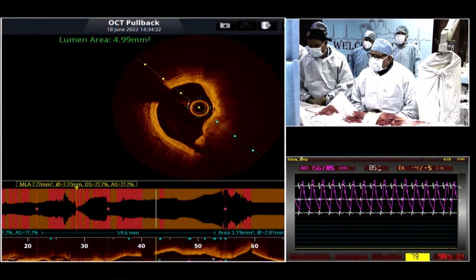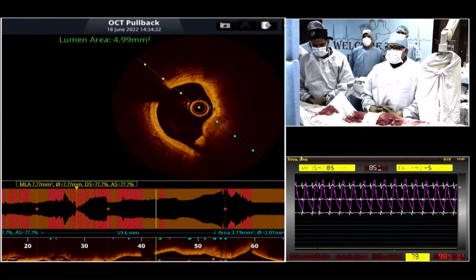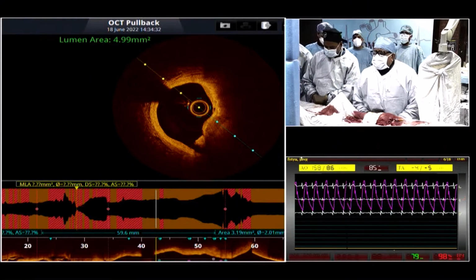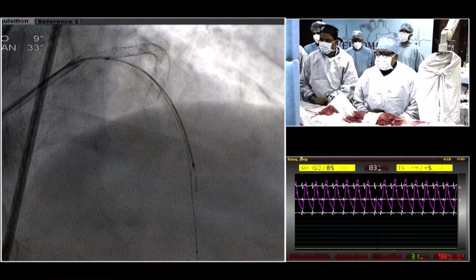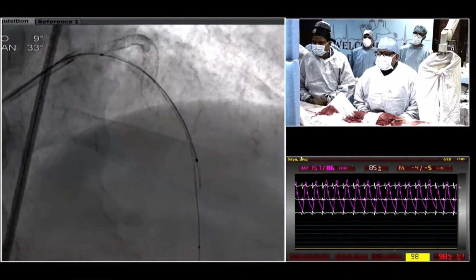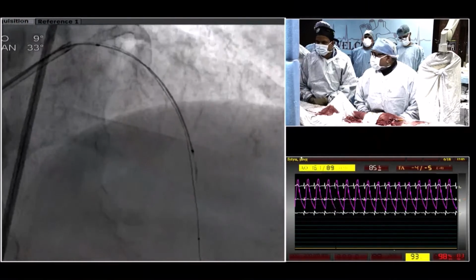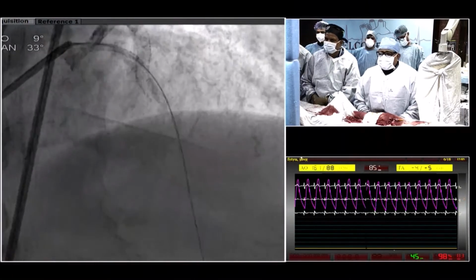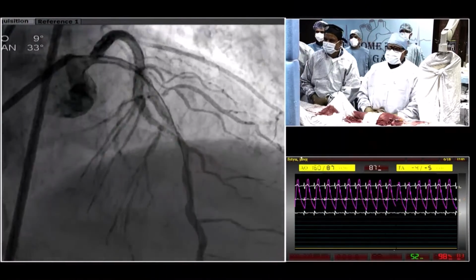Okay, Rajesh, go ahead. Okay, so following the OCT examination, we could to a great extent modify the calcified plaque. Next view, please. And this is what we had proximally.